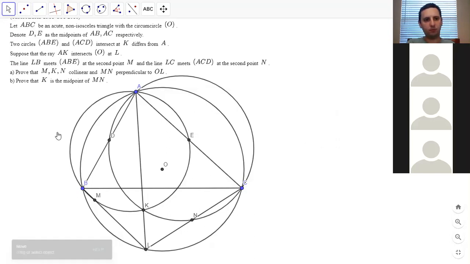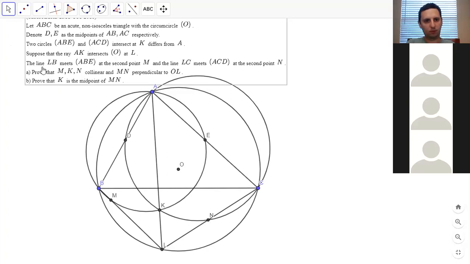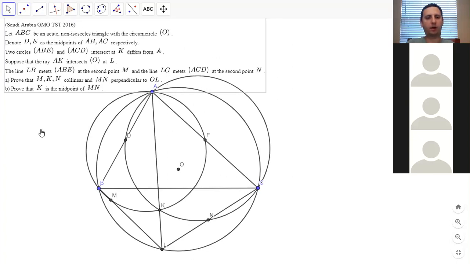And is the converse also the case? So if you knew AK is a symmedian, does that prove part A? Not sure. Okay. Let's check the chat.